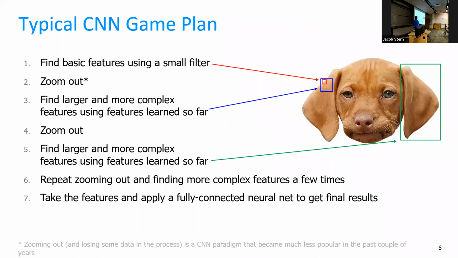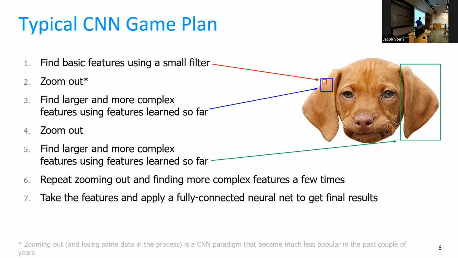So as a kind of review on convolutional neural networks, the idea is we find basic features like textures using a small filter. Then we zoom out and find larger and more complex filters by stacking more and more of those filters.